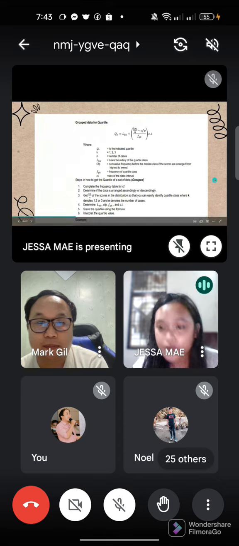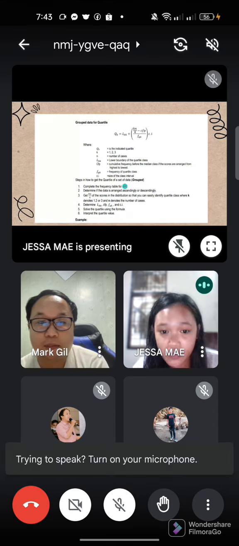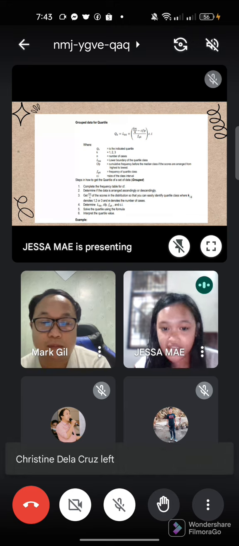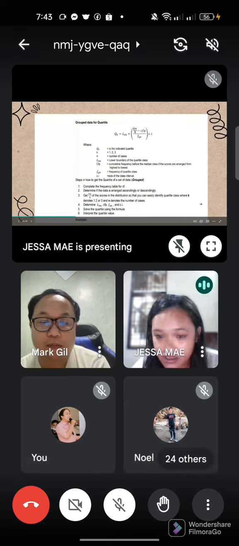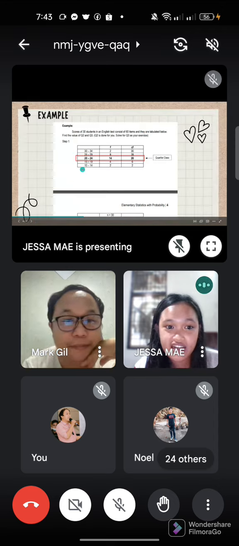So, here are the steps on how to get the quartile of a set of data. Number 1 is complete the frequency table with cumulative frequency. So this is step 1.